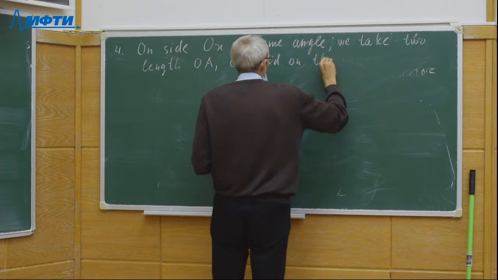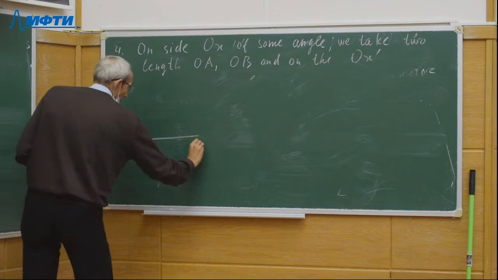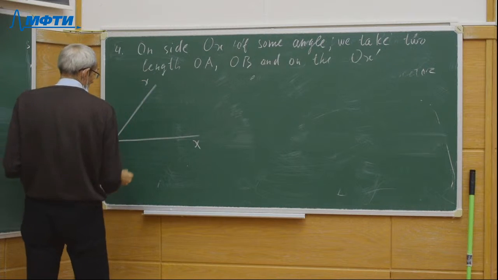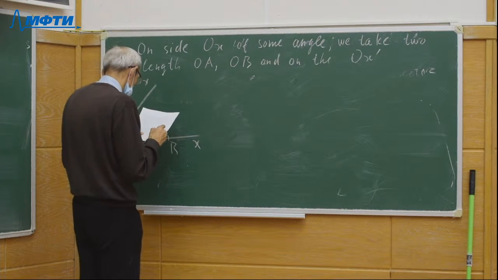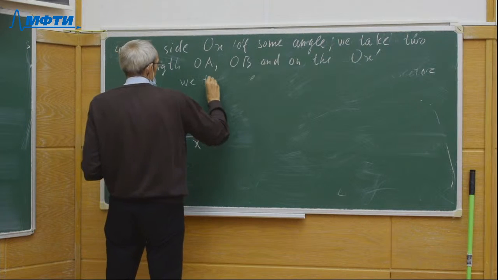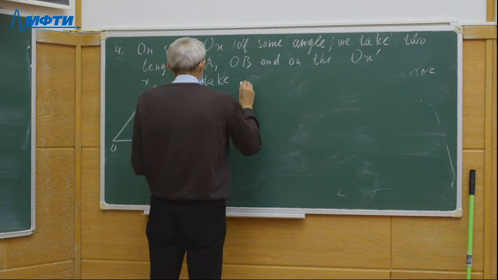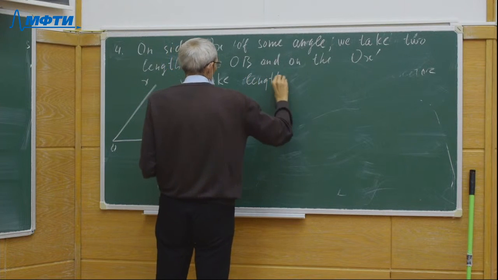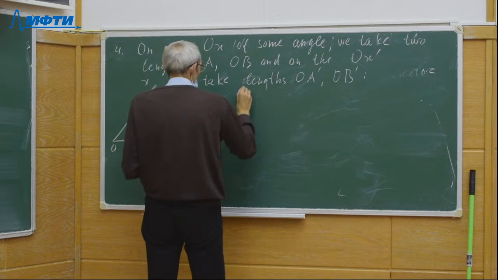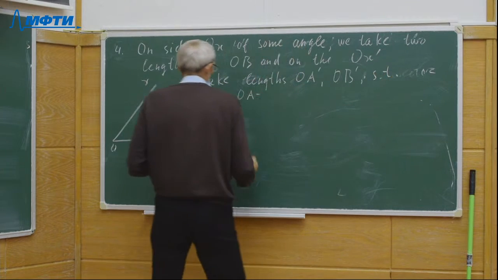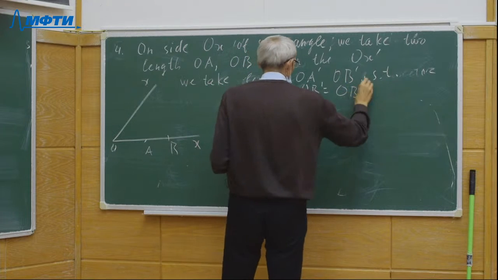and on the side OX prime we take segments of the same length, such that OA is equal OA prime, OB is equal OB prime.